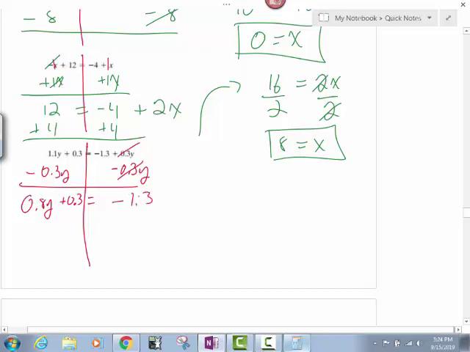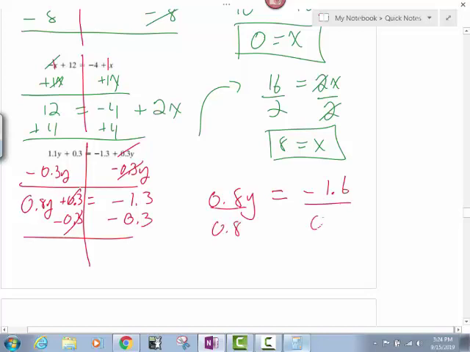Okay, so now I have my y's on my left side. So I'm going to move that 0.3 by subtracting it. So now I have 0.8y equals, if I owe you $1.30 and I borrow another 30 cents, I'm now going to owe you $1.60. And the last thing we can do is divide both sides by 0.8.